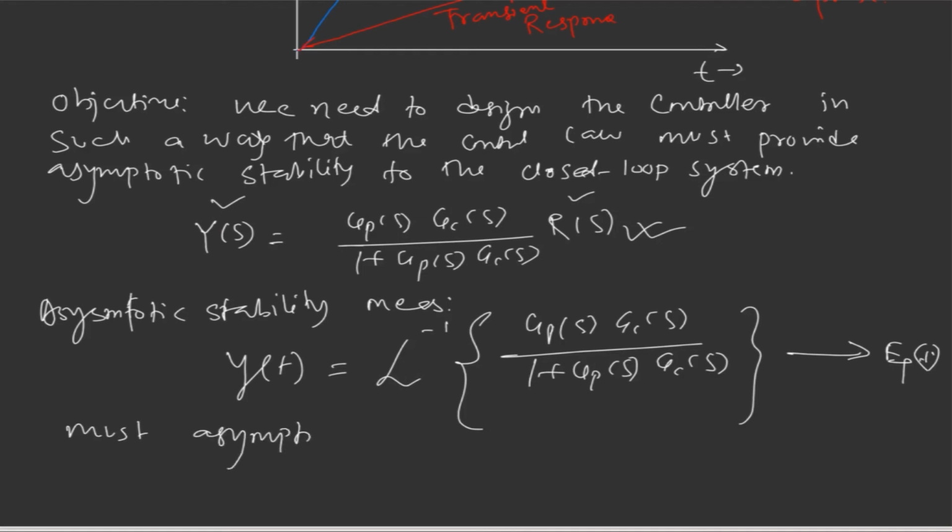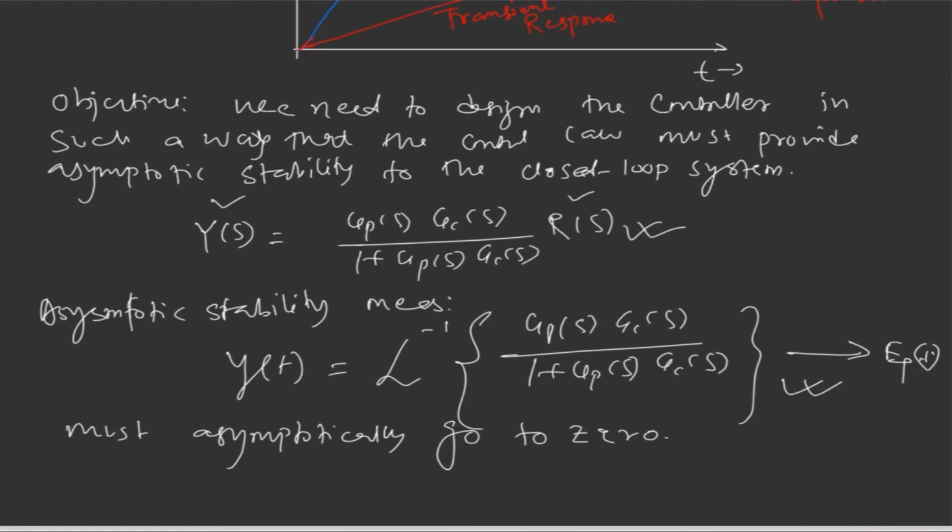Here asymptotic means this expression, let me call it equation 1, must asymptotically go to 0. This means the poles of the system must lie in the negative real axis.